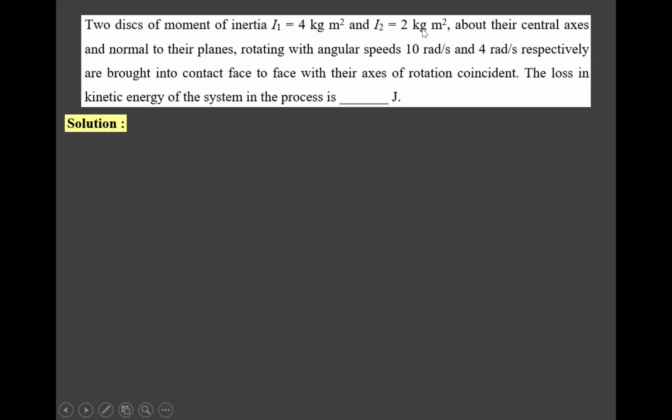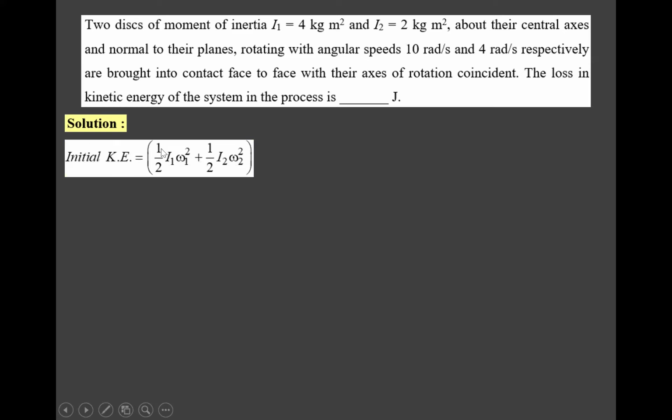So initially, when these two are rotating, then we can say the initial total kinetic energy of the entire system, that is half I1 omega 1 square, this is for one disk, plus half I2 omega 2 square, this is for second disk. Now see, here I1, omega 1, I2, omega 2 all are given to you. So we can calculate initial kinetic energy.